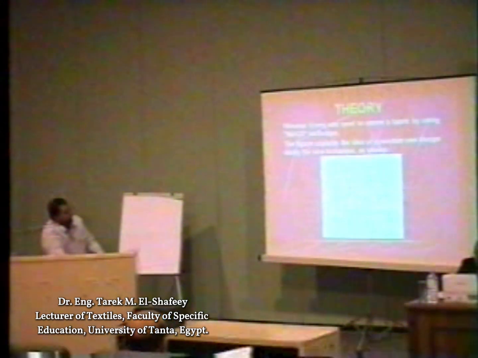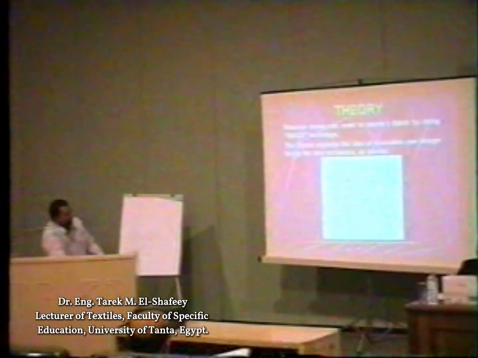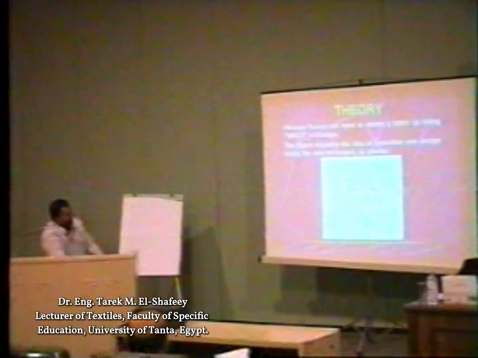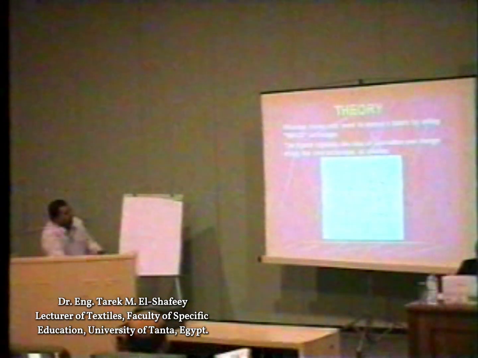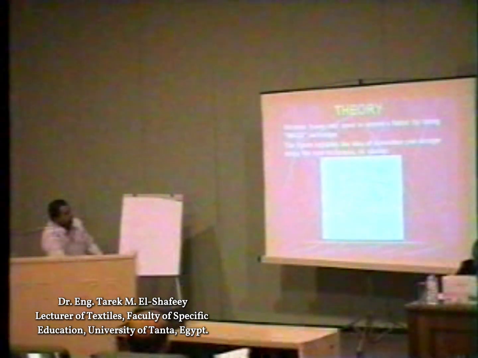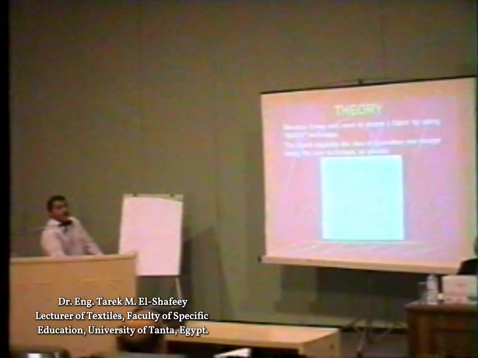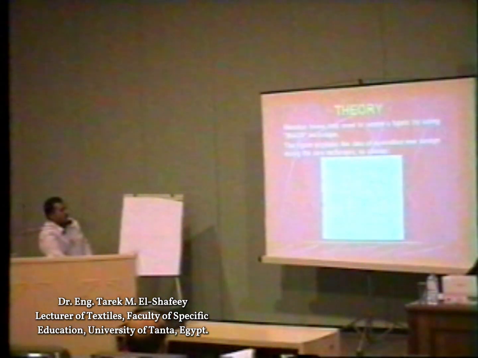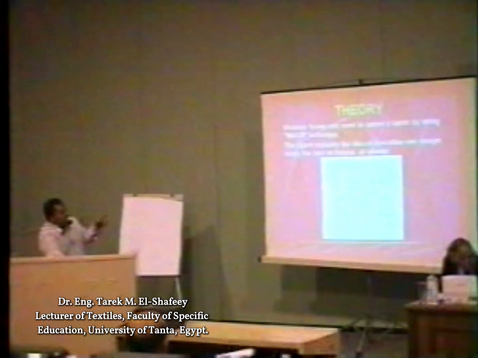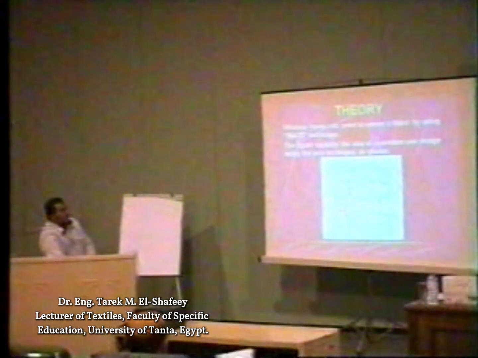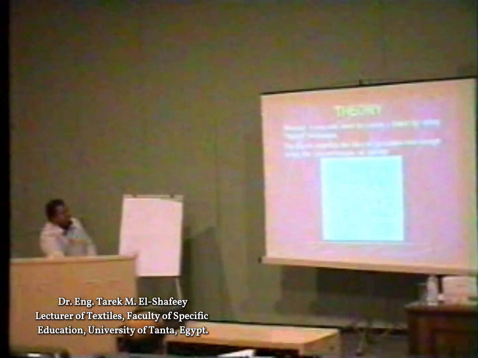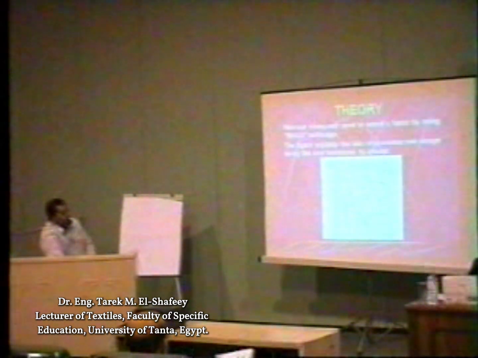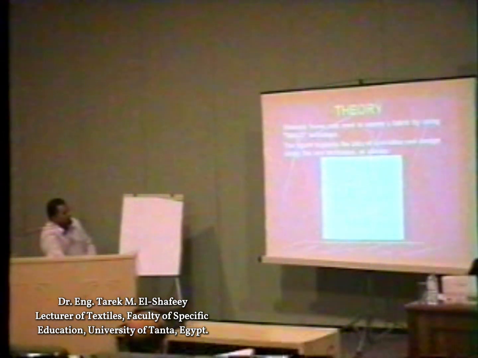Every one of these parts was woven alone with specific specifications. Every line named TT represents warp directions, and every line named FF represents weft directions.